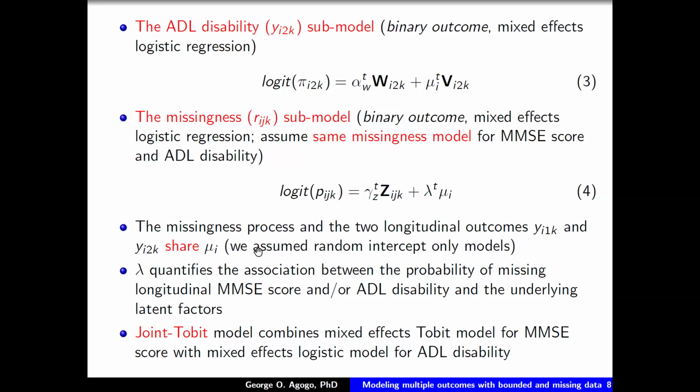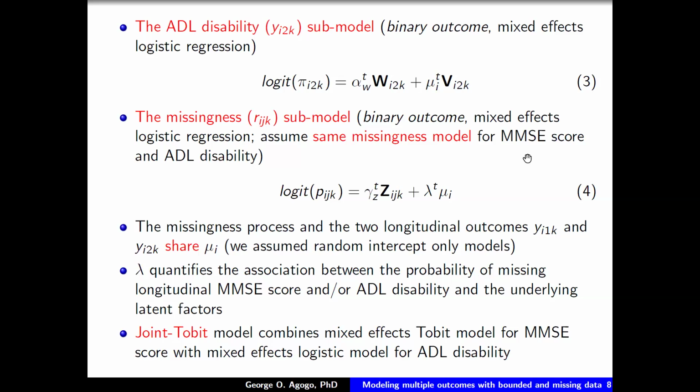So the missingness process and the two longitudinal outcomes share this mu. These mu here are the latent factors that influence someone's outcome, and also whether it is observed, yes or no. And then the lambda here quantifies the association between the probability of missing longitudinal MMSE score and or ADL disability and the underlying latent factors.